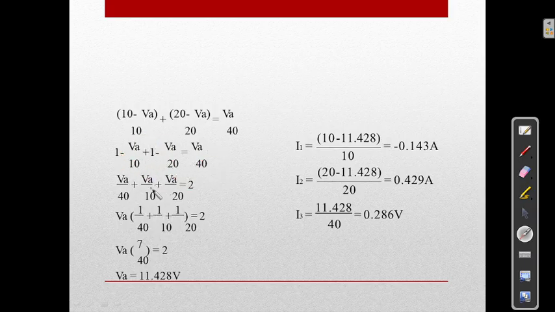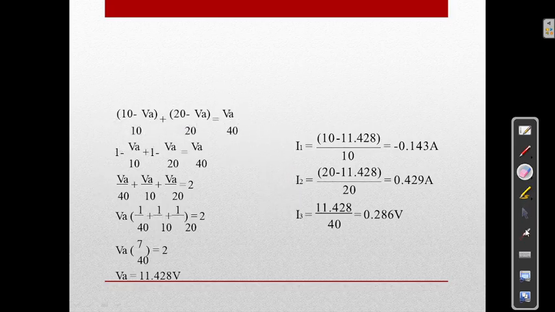VA by 40 plus VA by 10 plus VA by 20 equals 1 plus 1, which is 2.